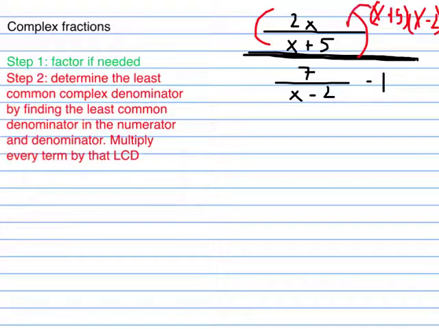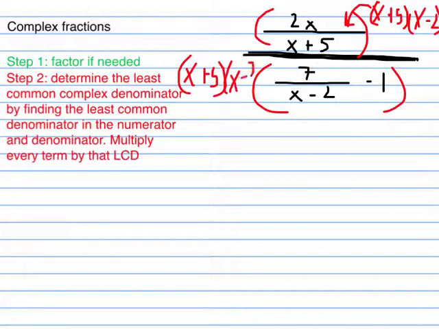I'm going to multiply this term and this term right here, so we have x plus 5 times x minus 2, and we'll distribute that there and there. Now this is the most complex part of the problem, and you really do it right at the beginning, so that's nice.